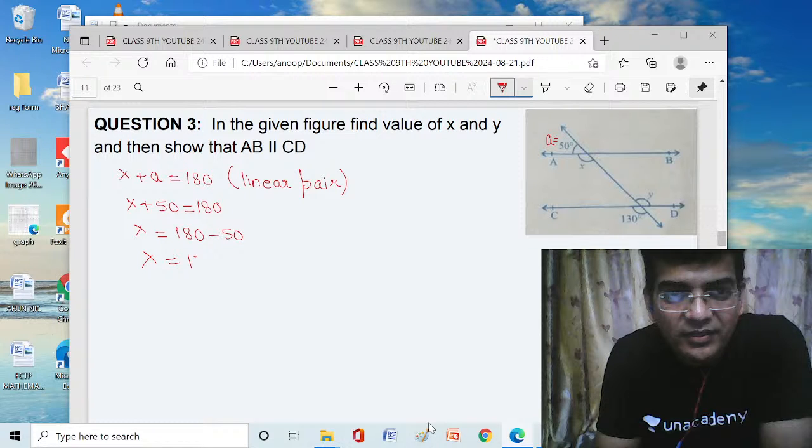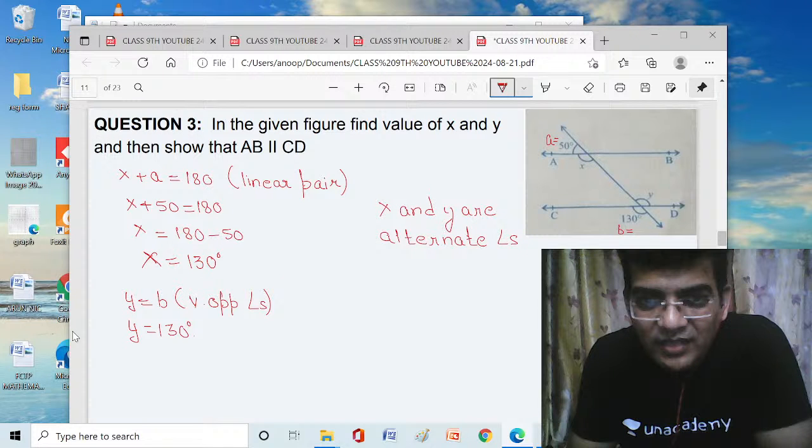So I will write x and y are alternate angles, right? And we know the property that if alternate angles are equal, then the lines must be parallel.